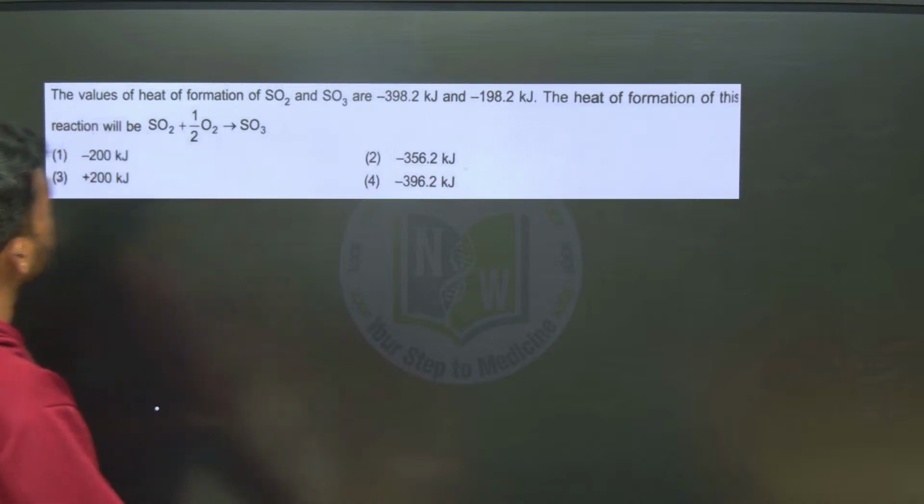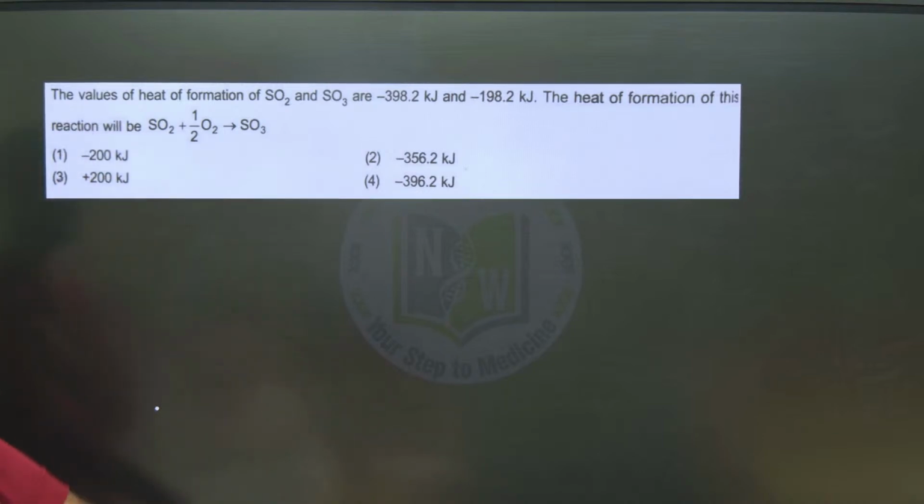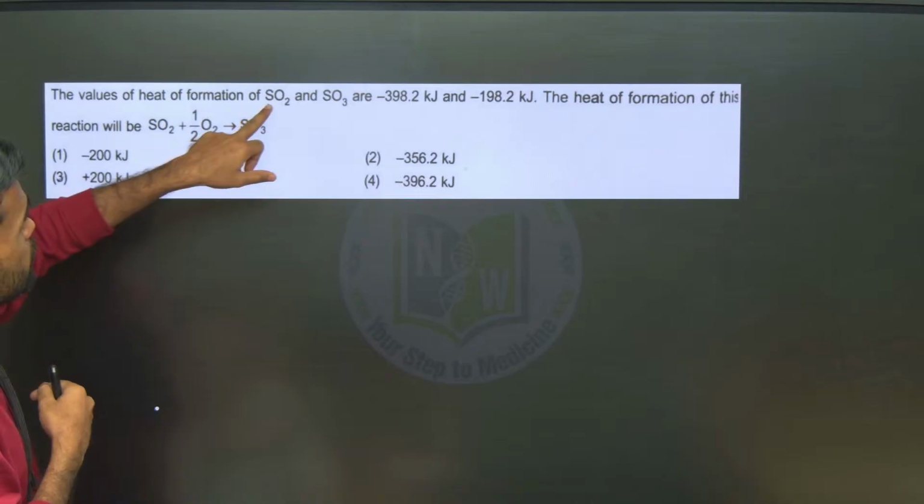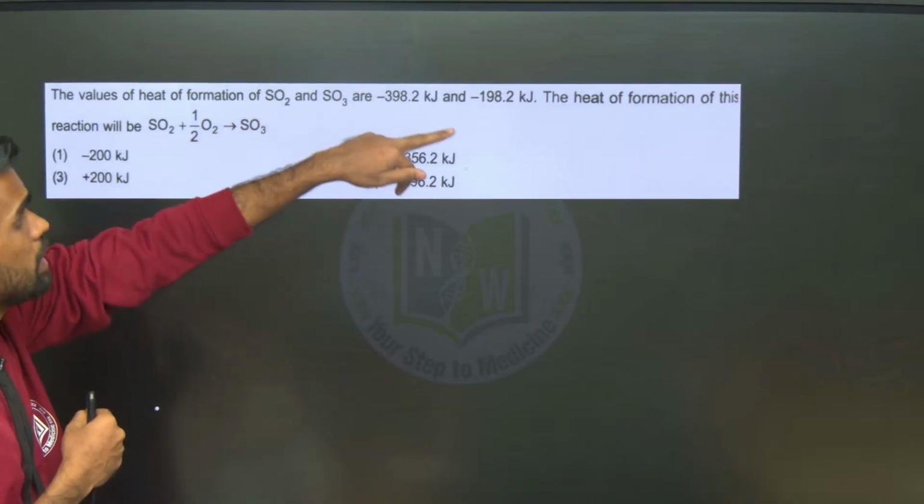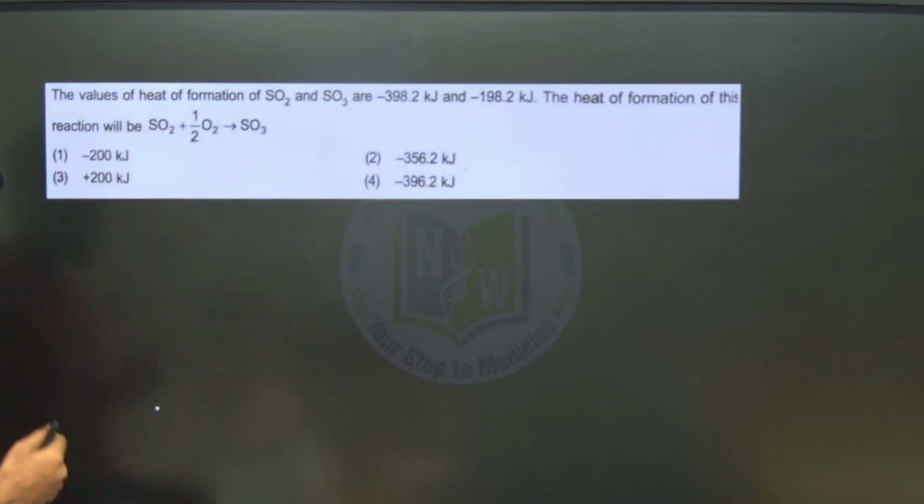So tell me, how can we do this? The values of heat of formation of SO2 and SO3 are given. The heat of formation of this reaction they are asking.